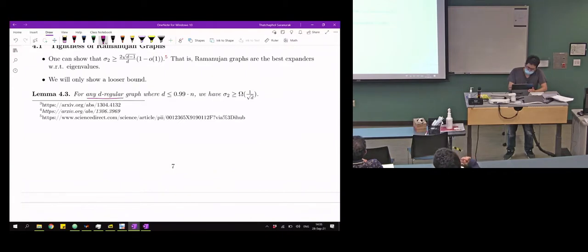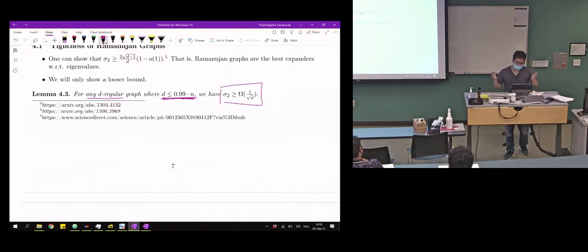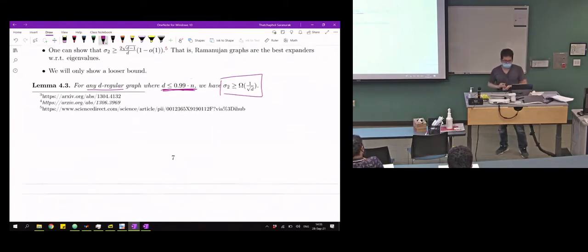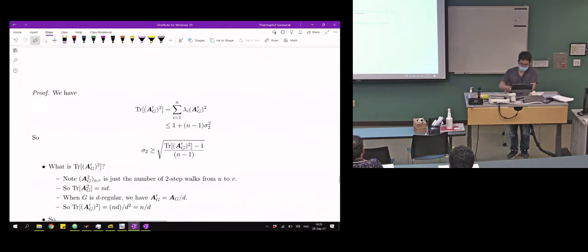For any d-regular graph where d is not too big, not like n, not like a complete graph, sigma 2 needs to be at least 1 over root d. And the proof is quite simple, so let's just look at the proof.